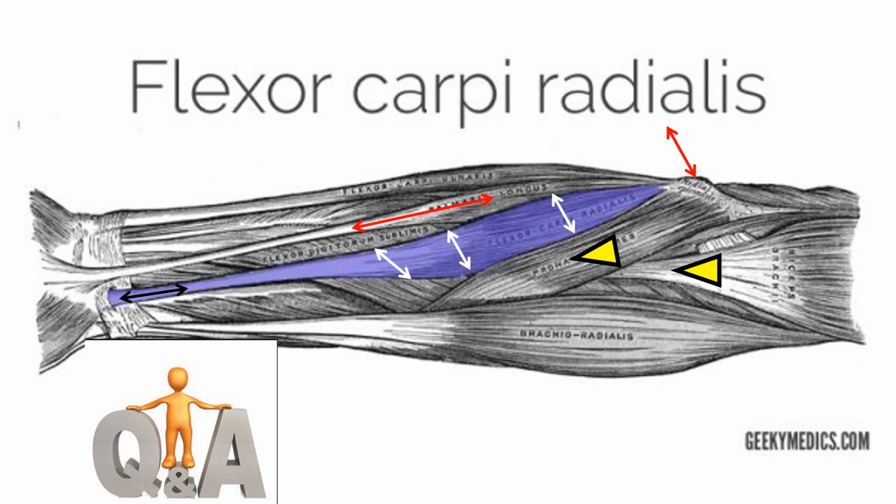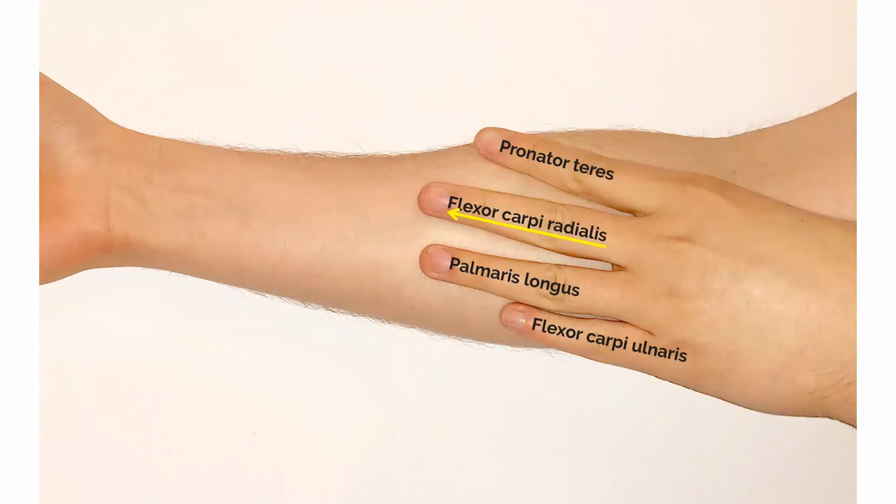And if you look more medial to the flexor carpi radialis, you will find the palmaris longus. And in this image, you can see that the middle finger represents the position and direction of flexor carpi radialis.